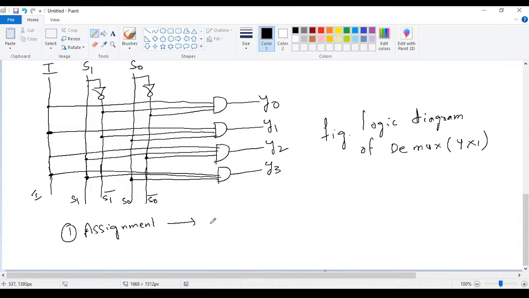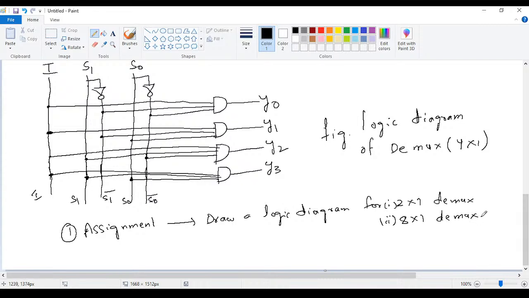Question: draw a logic diagram for the 1/2 demultiplexer, demux. And for your practice, the 1/8 demux.